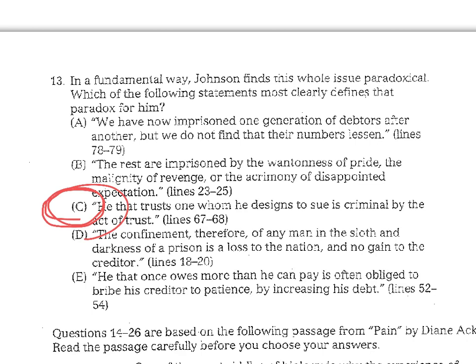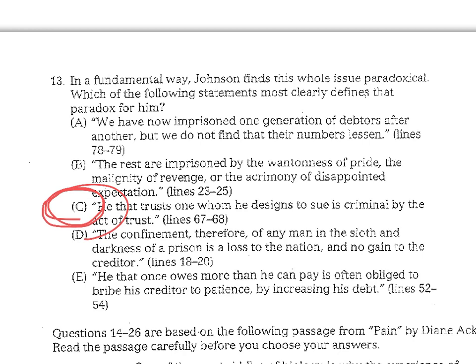I saw trust twice and I was like, oh, that seems kind of ironic. He that trusts one. So I'm trusting you to pay it back. But what is my intent? To sue, because I know you're not going to be able to pay me back. I am the one who is criminal by the act of trust.